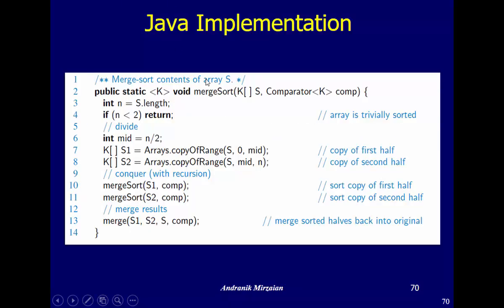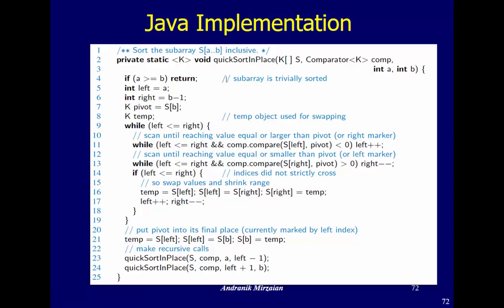Must be merge sort. Merge sort, quick sort. There you have them. So if you wanted the code for quick sort, there it is. If you want us to go over it, study it yourself. And if you want to go over it, talk to somebody else. No, we could go over them if you want.